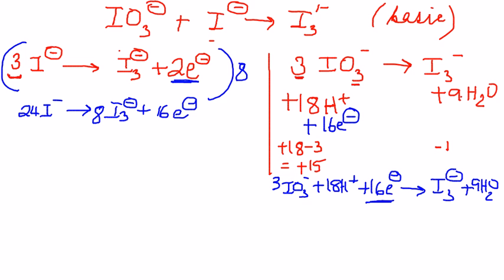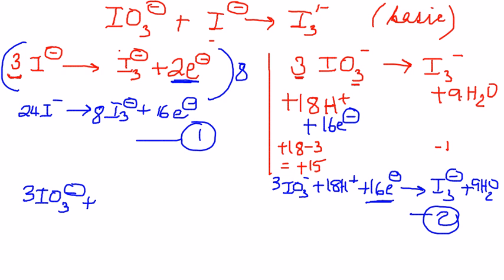Now when you add both of these equations, let's call it equation 1 and equation 2, it's going to add up to no electron change. So the electrons will cancel out. And that's why I say again, if your overall reaction still has some electrons remaining, check your work.